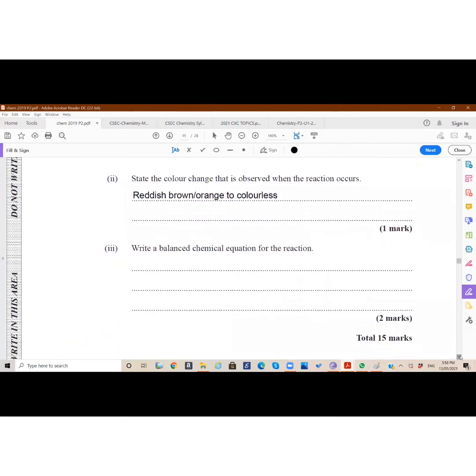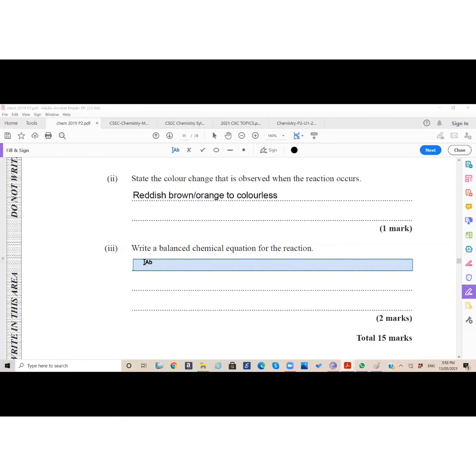When it's reacted and all of the bromine is used up, the bromine will be added where the alkene's double bond is broken. So it becomes a halogenoalkane, and that will be colorless. Once that reaction is done, it will be colorless.